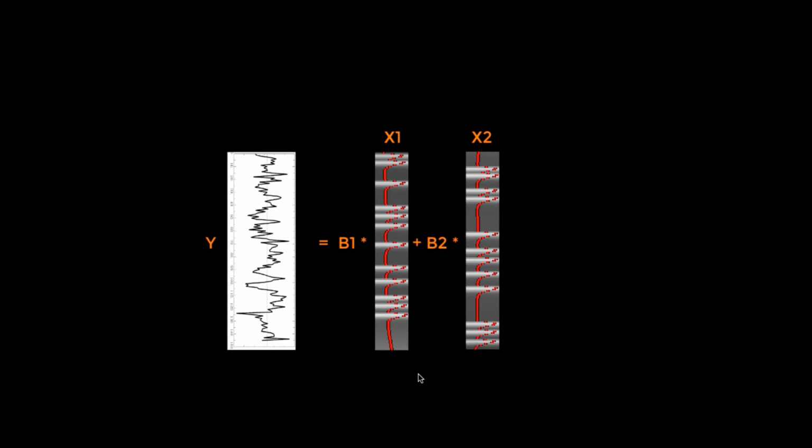So x1, x2. I guess I'm a little bit confused. How do you assign the values of that? At some time point, x1 is almost like a baseline, but x2 is jumping up, right? So what are those values?